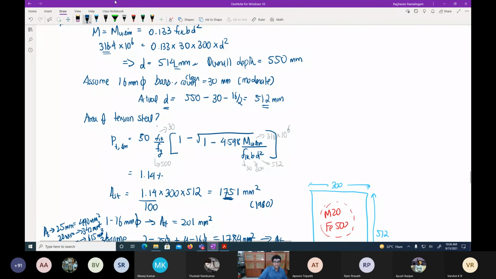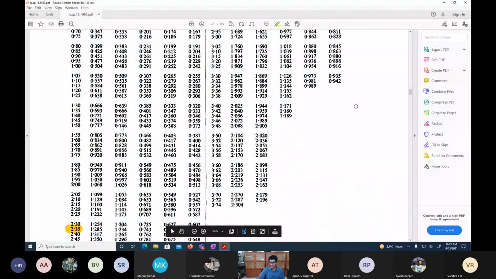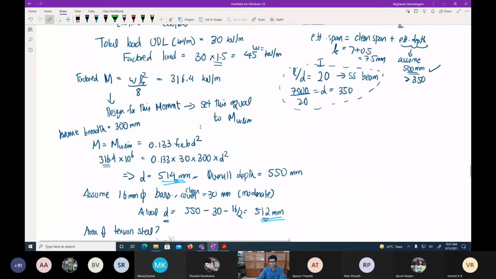The reason is that you required 514 mm square, but you actually gave only 500 mm square. You were on the border, and because of that, when you went back to this table, you were not able to find the required value of PT, because you had just become over reinforced.